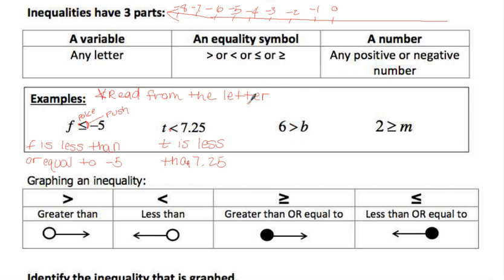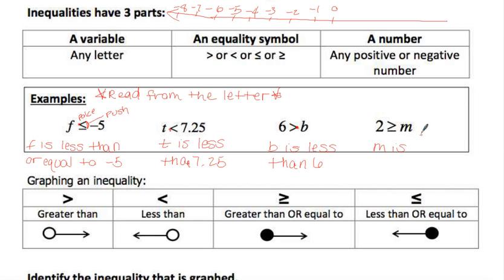Now, this one, it's where this read from the letter becomes important because we're going to start with B. B is getting the small side. B is less than 6. So any numbers that are less than 6, I could plug in there. So 3 could be there, 2 could go there, 4 could go there. Any of those numbers are less than 6. Same thing with this one.